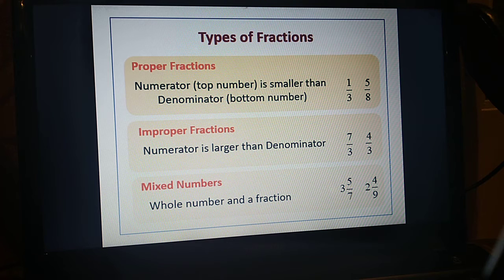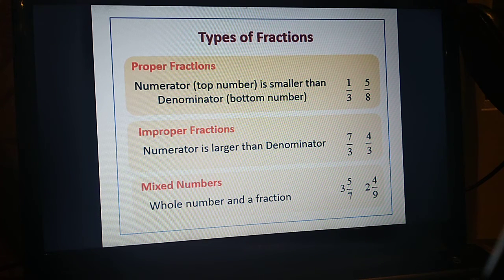Improper fractions, also called vulgar fractions, are fractions in which the numerator up is larger than the denominator down. Examples: 7 out of 3, 4 out of 3. The mixed number, obviously from the name you can tell that it's a mixture of a whole number and a fraction.